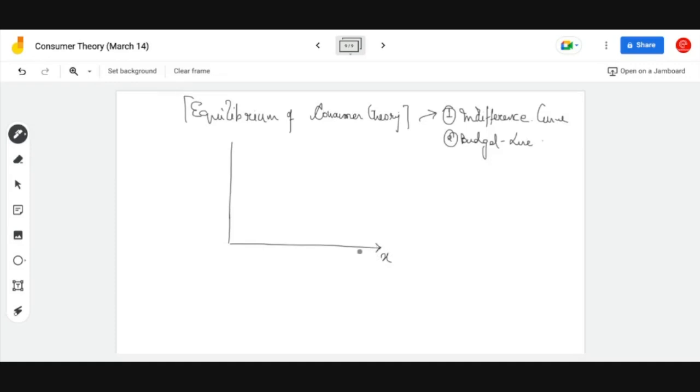So this is good X and this is good Y. Let's say this is your indifference curve, and this is your budget line. The point of equilibrium is where the budget line is tangent to the indifference curve.